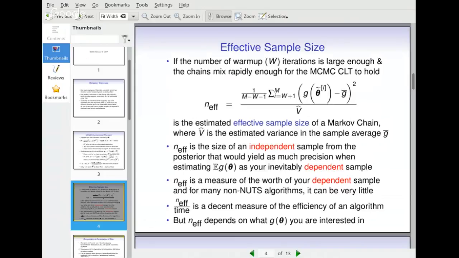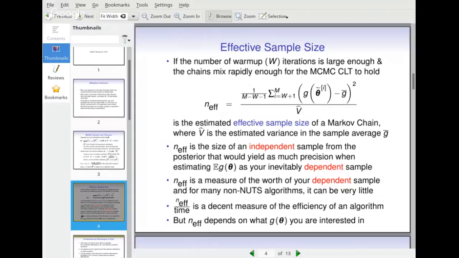So those are the non-trivial conditions that I referred to. And in that case, we can calculate a quantity called the effective sample size, which we abbreviate N_EFF. That's what we're estimating there. And it depends on this estimate of V, which is the variance of the mean estimator, or the square of the Markov chain Monte Carlo standard error, which we said we wanted to be small.